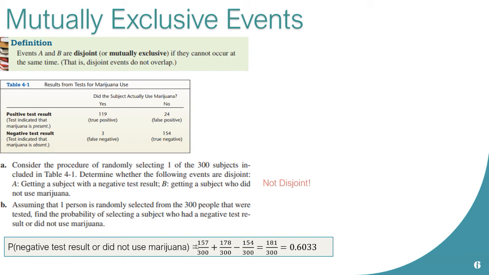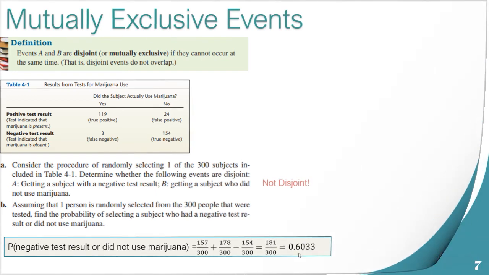Getting a negative test result, which will be 157 out of 300, plus the probability of not using marijuana, which is 178 out of 300, minus the probability of getting a test that is negative and not having used marijuana, which is 154 out of 300. And we get 181 divided by 300, which is 0.6033. So note these are approximations, right? I'm rounding off to 4 decimal places.